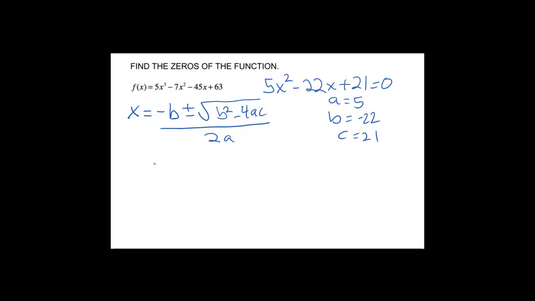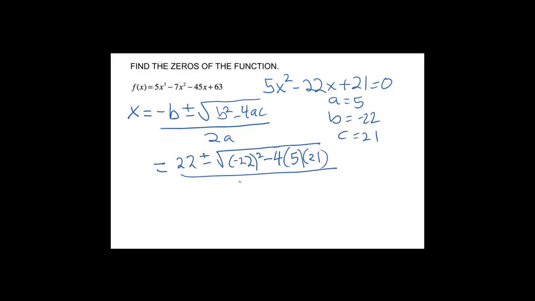So x is equal to negative b, it's already negative, so this will be positive 22, plus or minus square root b squared, so negative 22 squared, minus 4 times a, which is 5, times c, and this is all over 2 times A. Right, and then you're going to clean up under there.